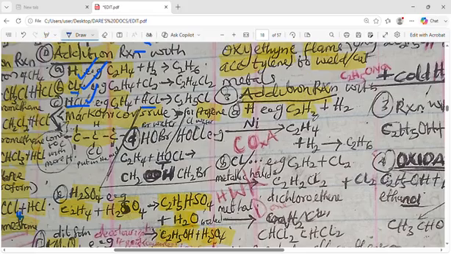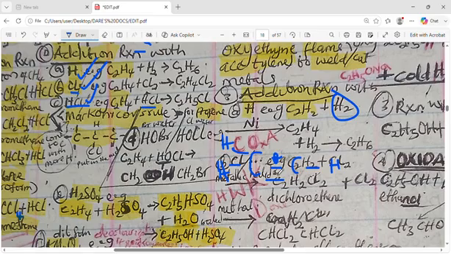So this ethyne, C, will have a triple bond, 1, 2, 3, having H in front and H at the back. If we add hydrogen, which is H2, what will happen out of these 3 bonds? One bond will break, and one H will come here to make this bond 1, 2, 3, 4.